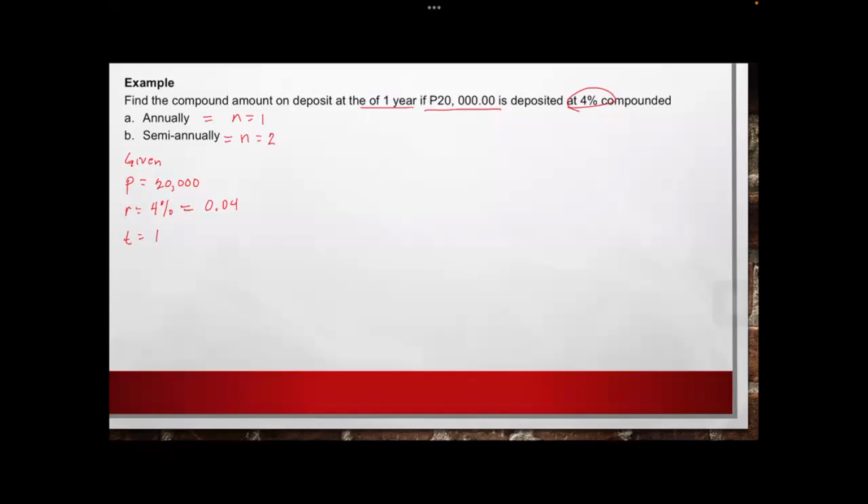Okay, formula for letter A. So A is equal to P times (1 plus R over N) raised to NT. So that's our formula. Then substitute lang natin yung mga given natin sa formula. So this will be 20,000 times (1 plus yung R natin ay 0.04 over N, which is for the letter A it's 1), raised to NT, 1 times 1.